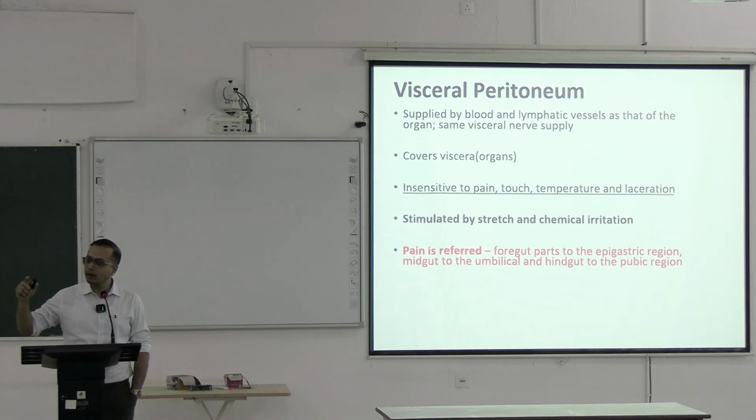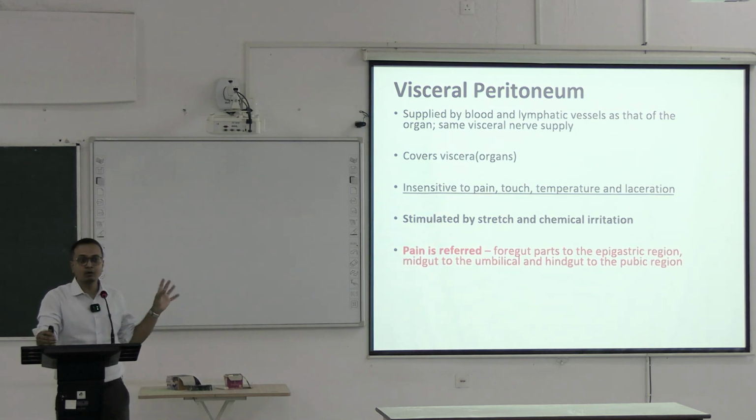You understand what I am trying to say? Insensitive to pain does not mean the patient understands nothing. The patient understands something but cannot describe it properly as a pain sensation. Pain is the strongest sensation that we understand very well. But in case of these autonomic nerves, they receive the sensation, but it is not pain.